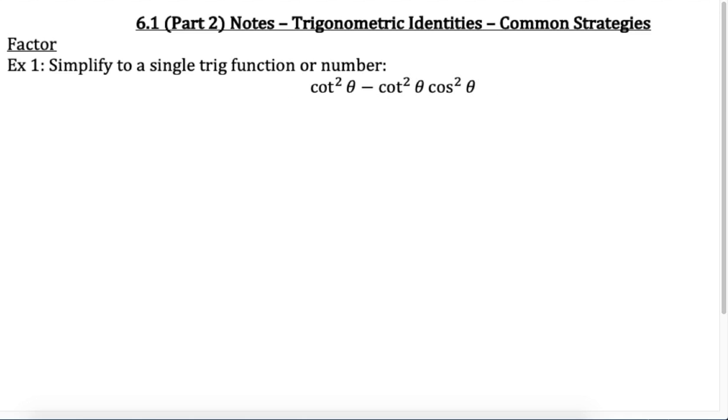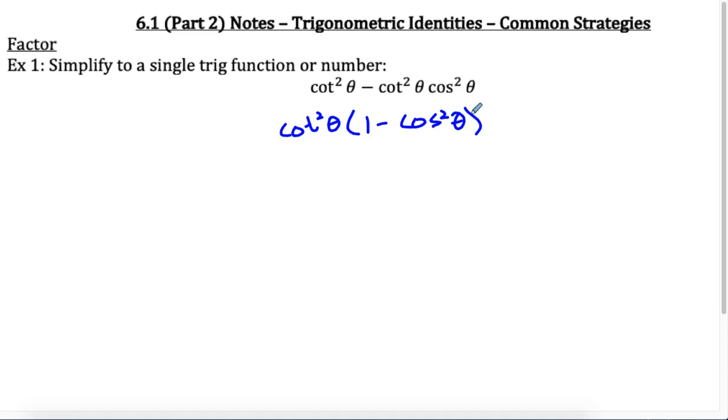So the first strategy that we're going to look at is to factor. In this example here, we can factor by taking out a common factor, and I can factor a cotangent squared out of both of these. If I do that, I'll be left with 1 minus cosine squared.